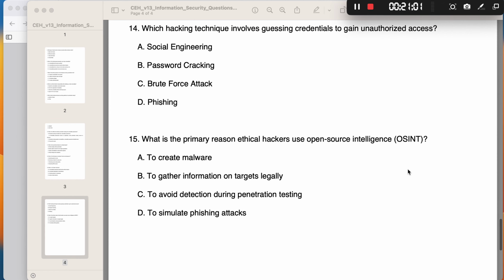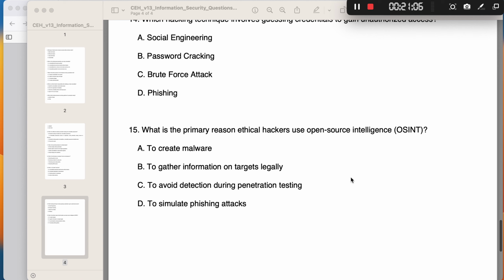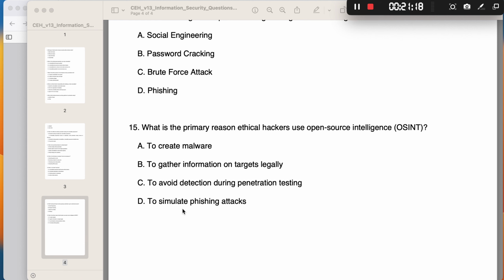And the last question: what is the primary reason ethical hackers use open source intelligence, OSINT for short? To create malware, to gather information on targets legally, to avoid detection during penetration testing, or to simulate phishing attacks? What do you think the primary reason is?